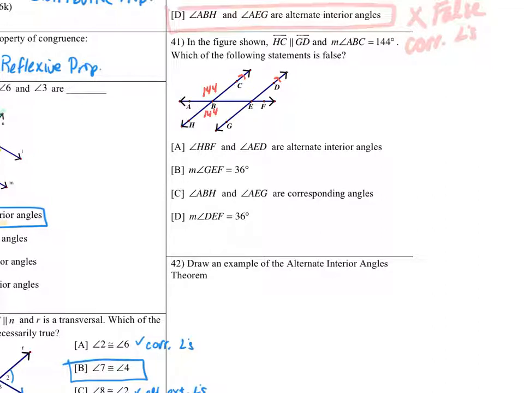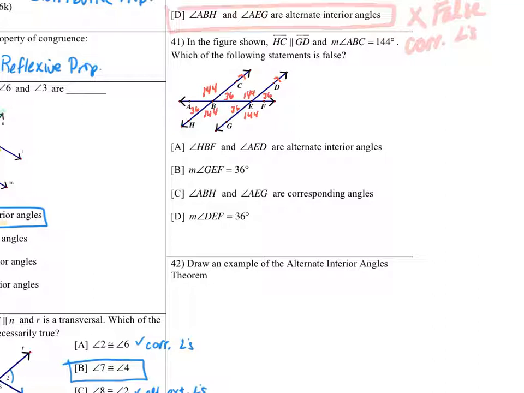If angle ABC is 144, then angle CBE has to be 36 because they add to 180. And then we have some vertical angles. The lines are parallel, so we can say corresponding angles are congruent. And so we can fill in every angle measure in the diagram.